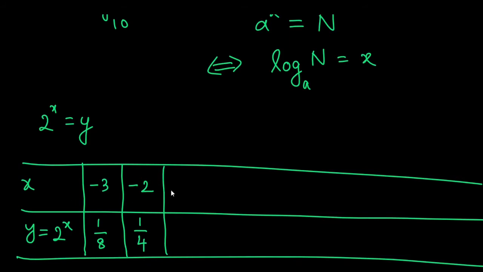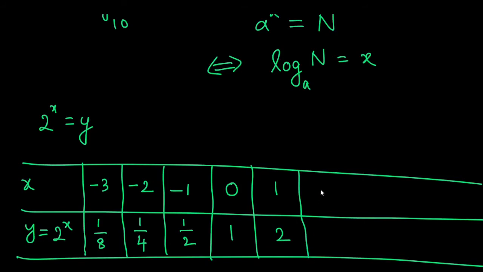When x is equal to minus 1, y is equal to 1 by 2. When x is equal to 0, y is equal to 2 power 0, 2 power 0 is 1. When x is equal to 1, y is equal to 2 power 1, that is 2.